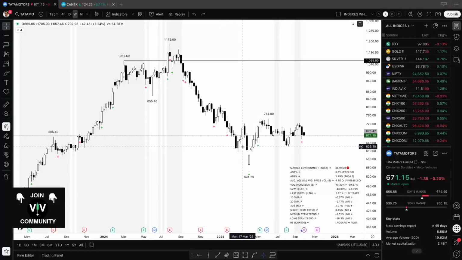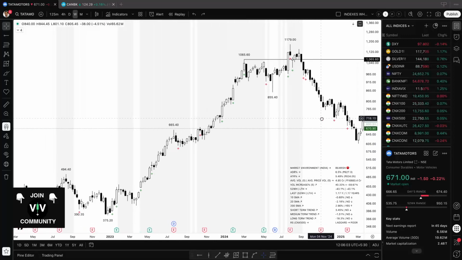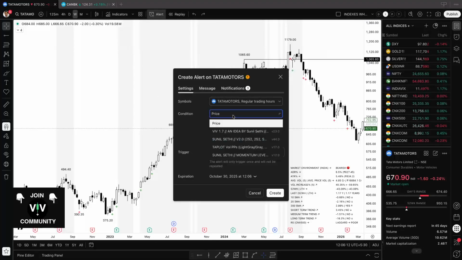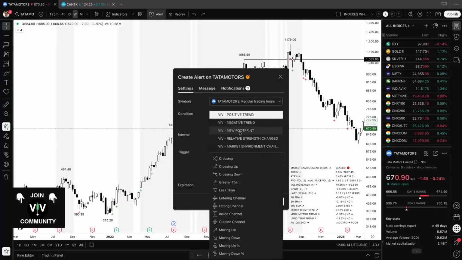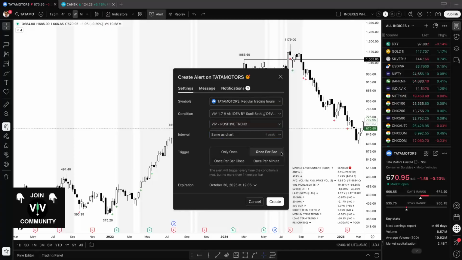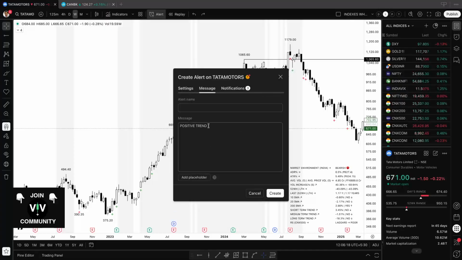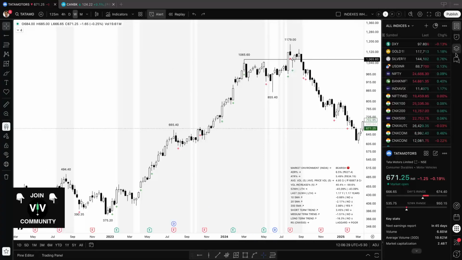If you want to buy some stock, and you think its fundamentals are really good, and you want to buy when its trend starts, just put an alert, select, and a message like Tata Motors positive trend. Just keep it here.